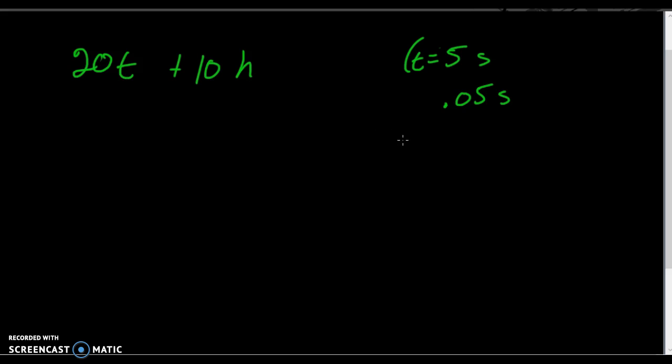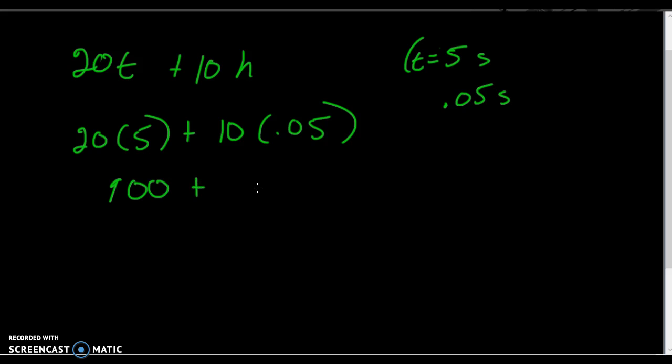I don't know anything else about this endpoint besides how far away it is from the original point. So here I can just put it in here, 20 times 5 plus 10 times 0.05, and we get 100 plus 0.5. Oops, got carried away with the zeros again.